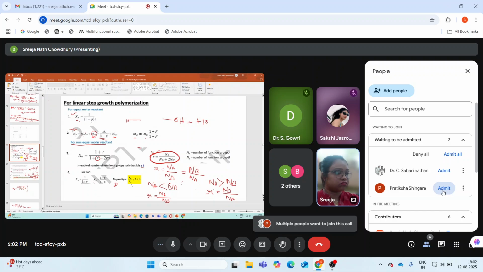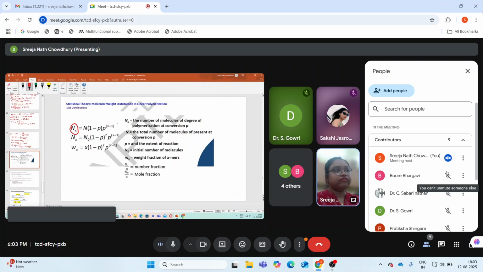So by the statistical theory, it is said that if nx be the number of molecules of degree of polymerization x at conversion p.